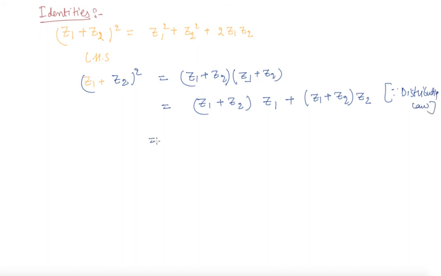Now simply multiply: this is z1 square plus z1 z2, and now it is also z1 z2 plus z2 square.